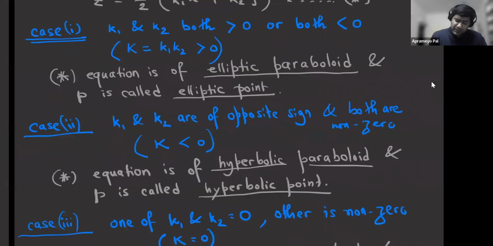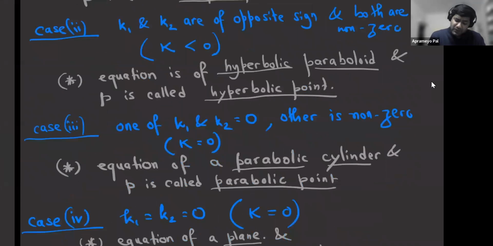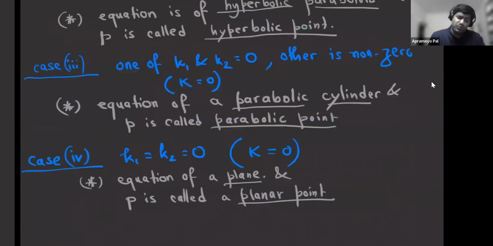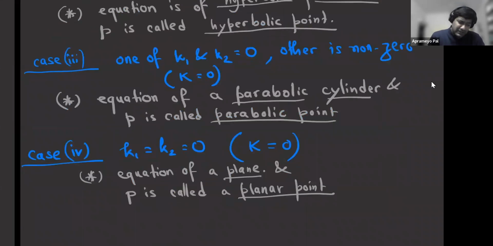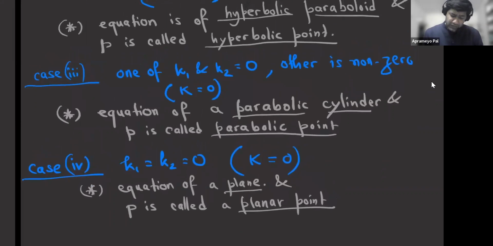Because if you change the parameterization, the principal curvatures kappa 1 and kappa 2 are either unchanged or both change sign. This is also an exercise in the book. So this changes nothing in our classification.